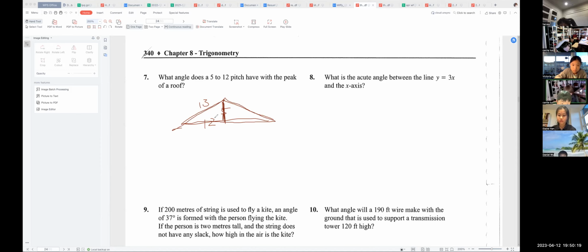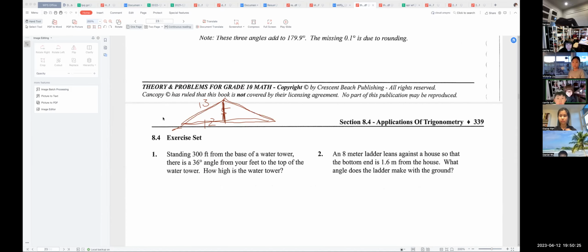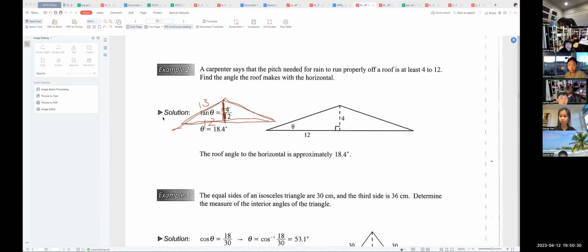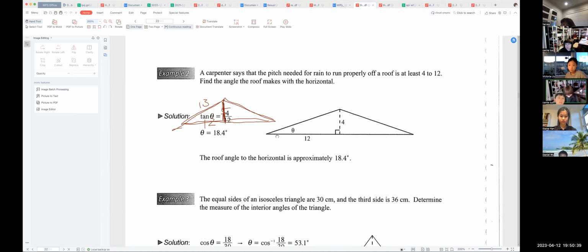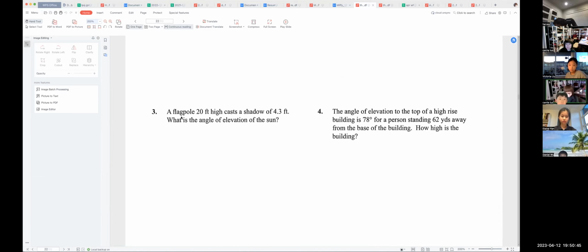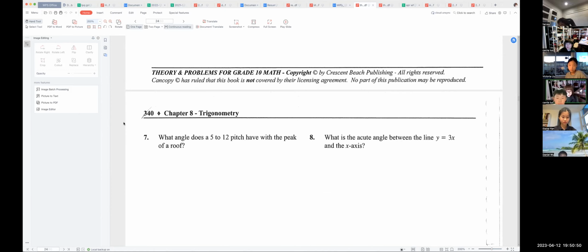Everybody think about it. The earlier question had pictures there, right? They said find the angle the roof makes with the horizontal. 这个为什么是这个角？他问你的是这个 with the horizontal，对不对？好，那我们现在来看看这道题目呢，他说的是什么？说的是 the peak of a roof.